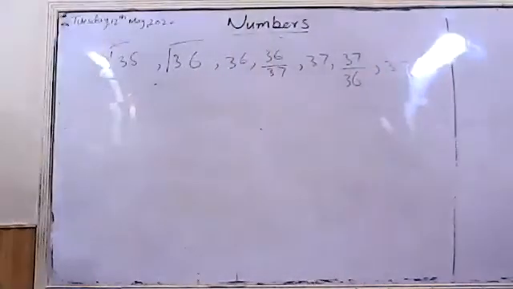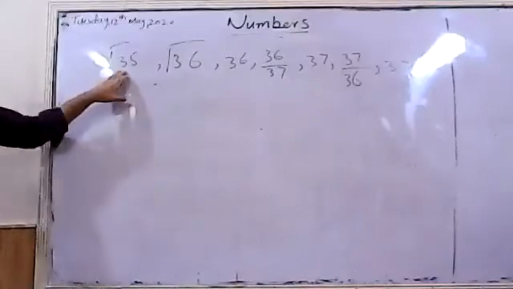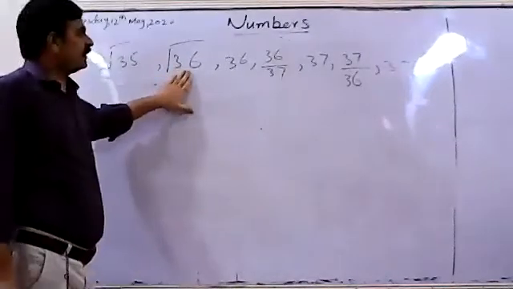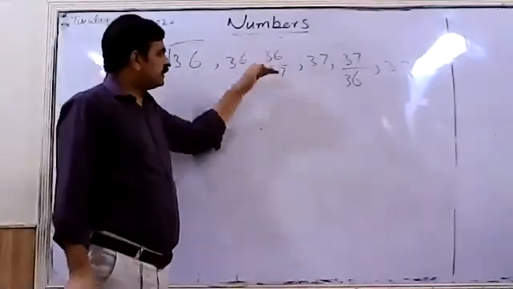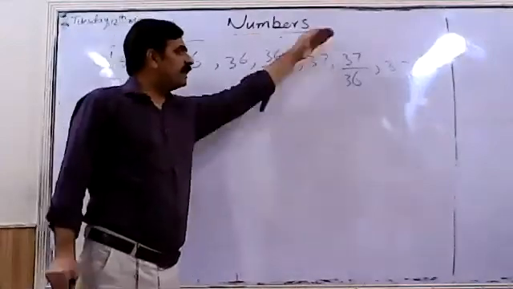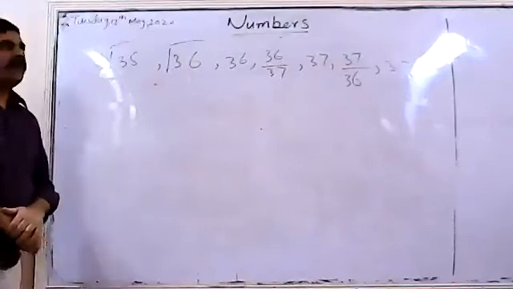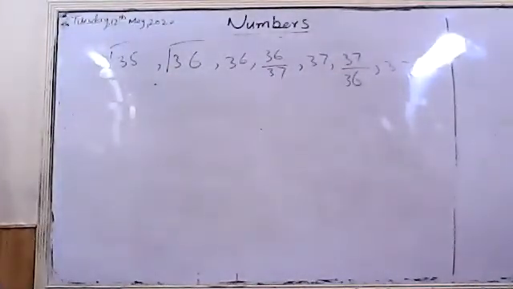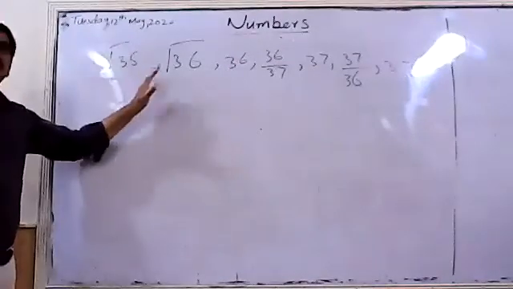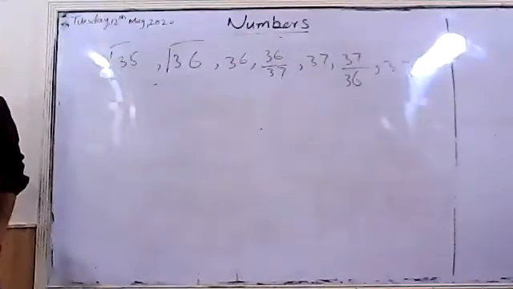Students, I have written some numbers: square root of 35, square root of 36, 36 over 37, 37 only, 37 over 36, and 3.7. First of all, we will differentiate between rational numbers and irrational numbers.